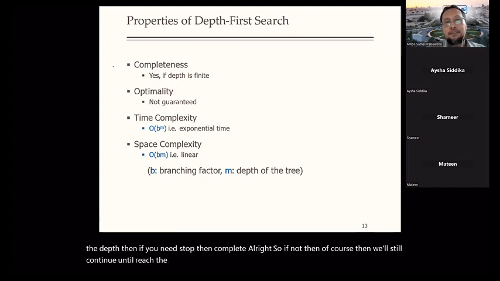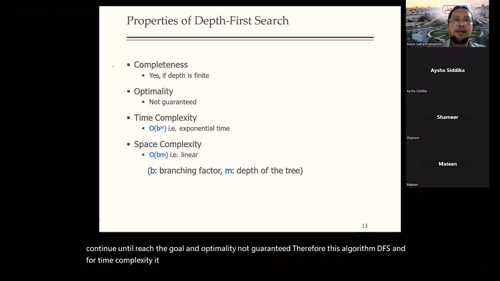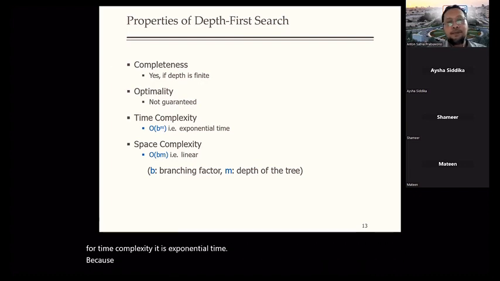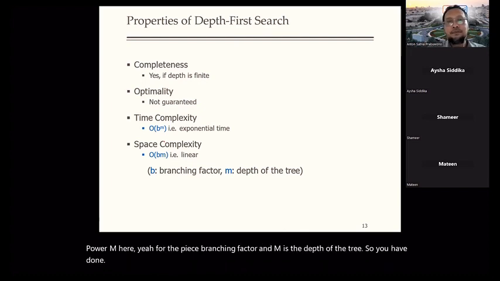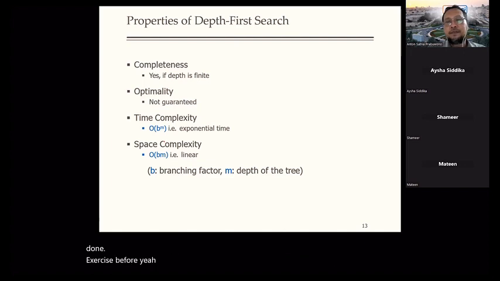And optimality is not guaranteed for this algorithm, DFS. For time complexity, it is exponential time because of using b to the power m, where b is the branching factor and m is the depth of the tree. You have done exercises before to find the branching factor and also the depth, the level, we can say the level also.